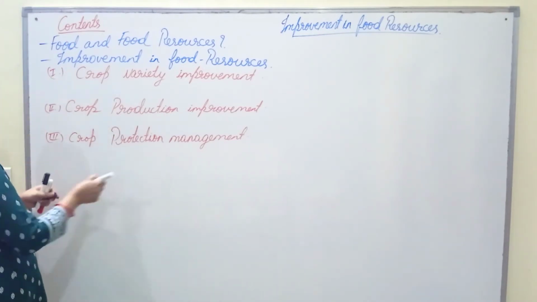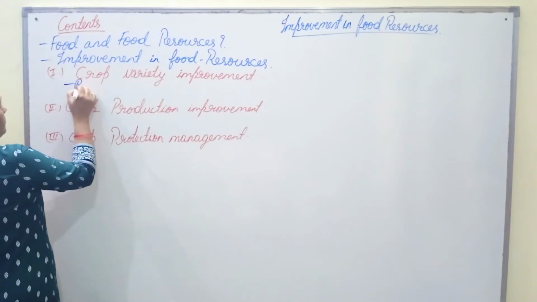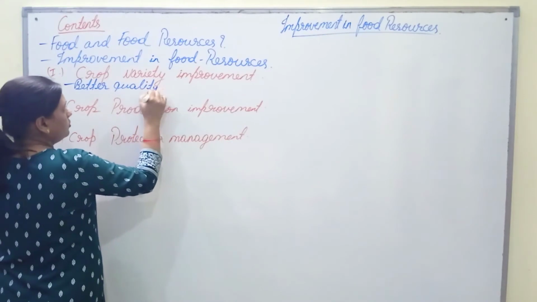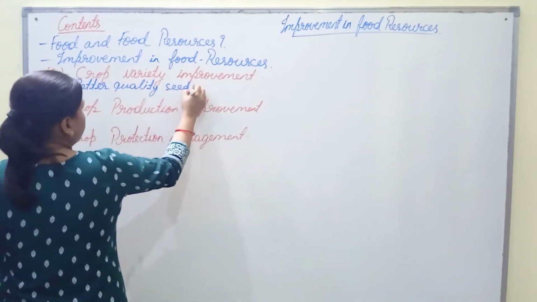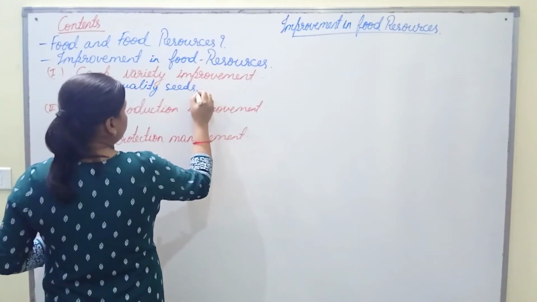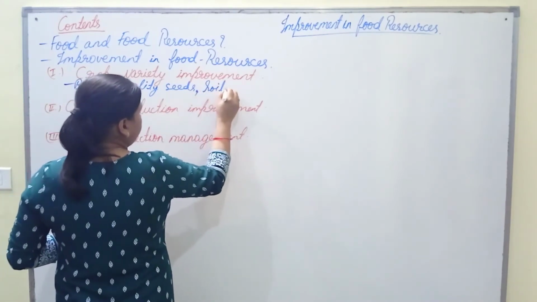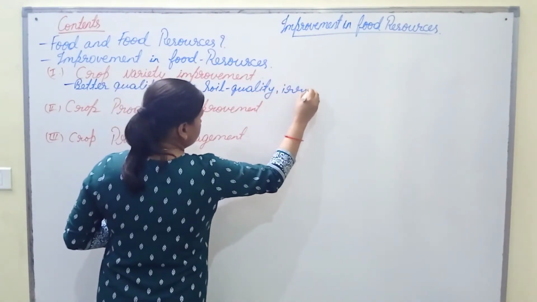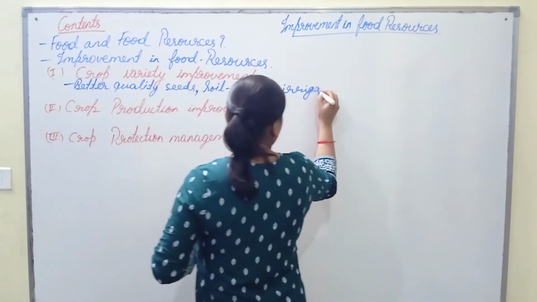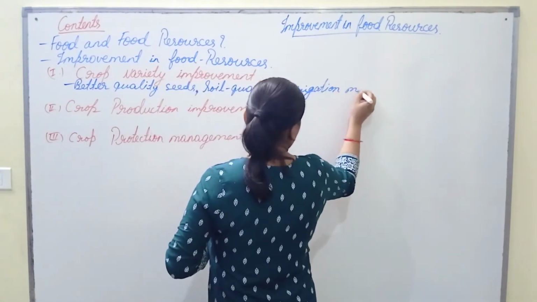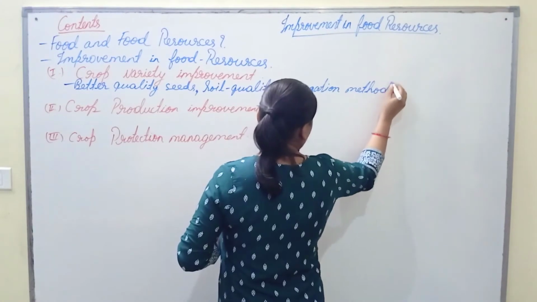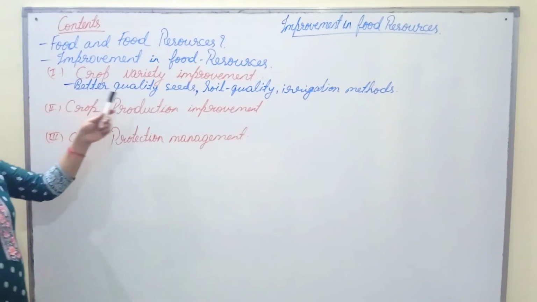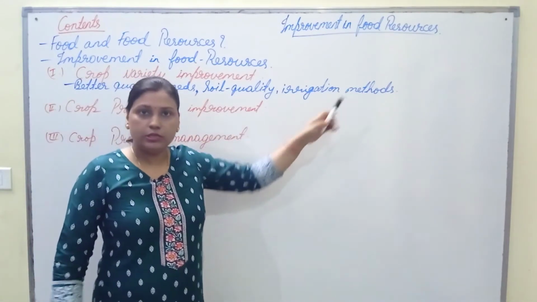This can be improved by utilizing better quality seeds, soil quality, different irrigation methods, etc. So the variety of crop depends on better quality of seeds, soil quality, irrigation methods, etc.